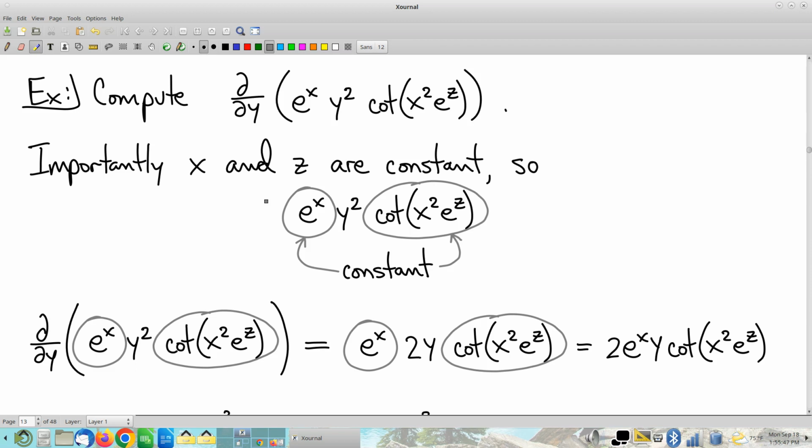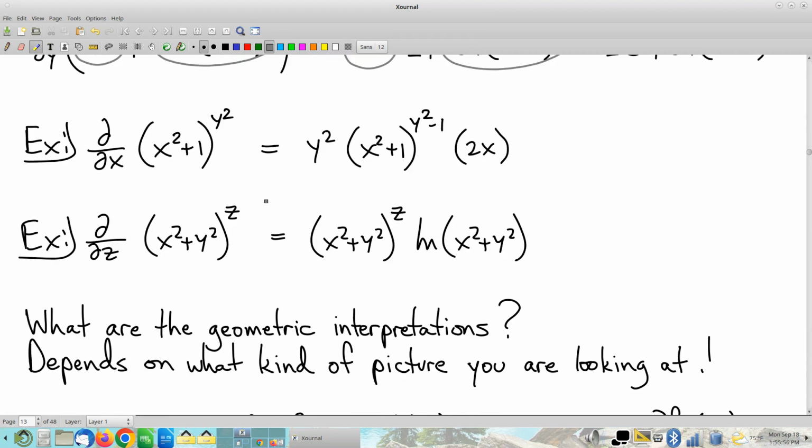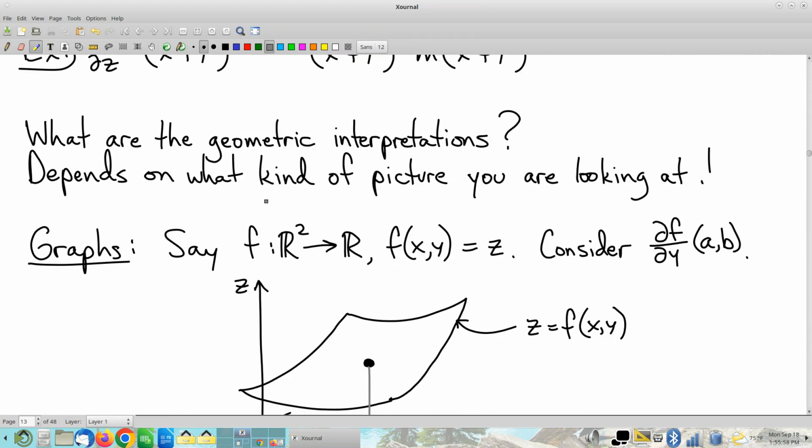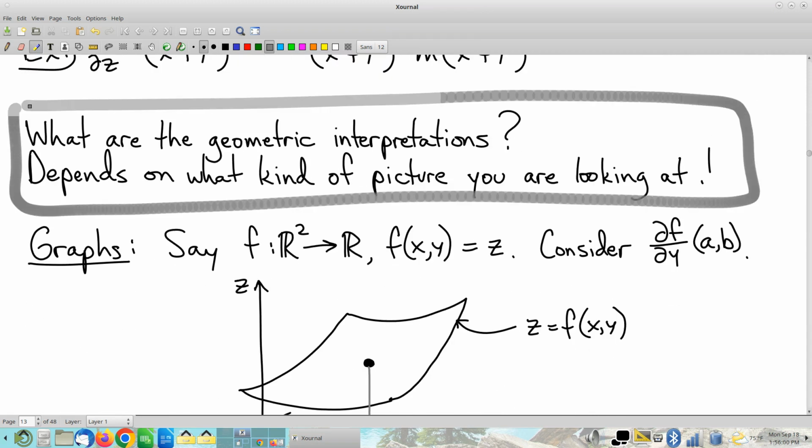You can write down all sorts of definitions that are easy to compute with that don't mean anything that anyone ever cares about. So what we have to entertain now is the question of what does this look like? How do I visualize partial derivatives? Really, until you get a satisfying answer to a question like this, you shouldn't really believe in what you're looking at.